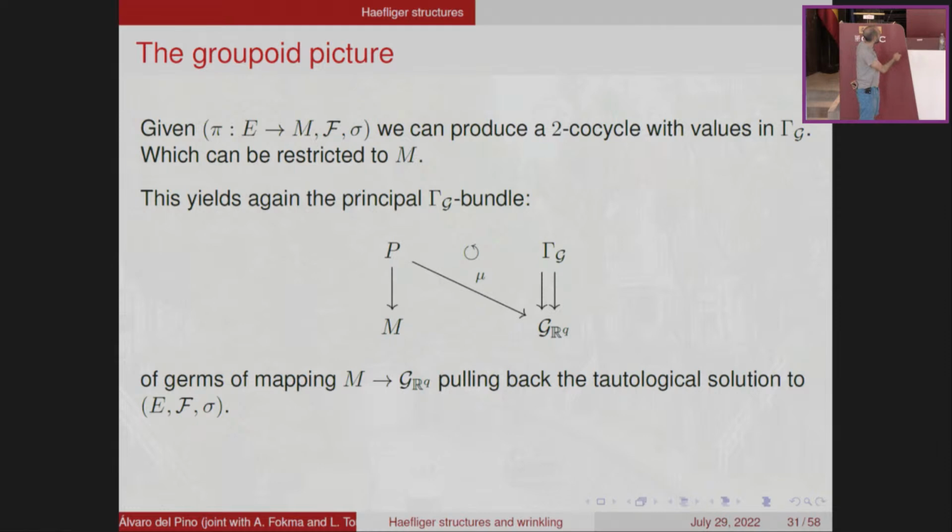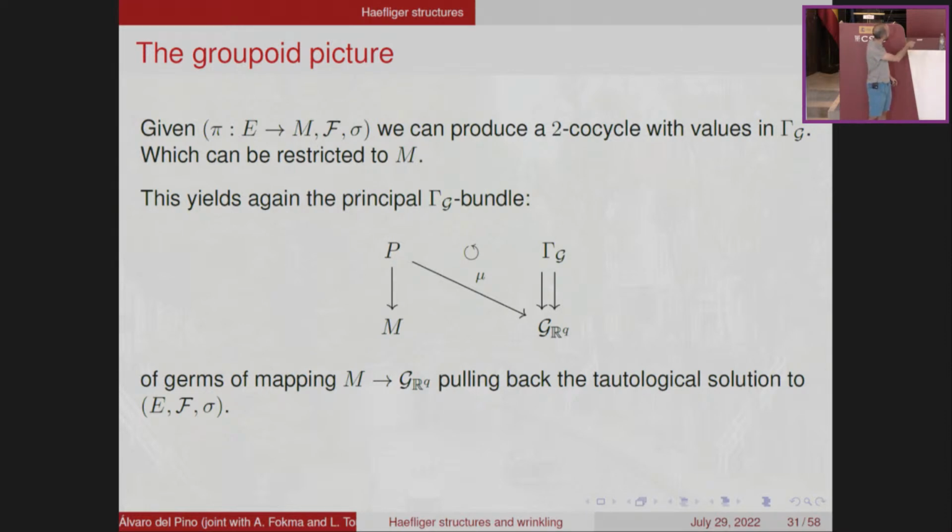And then I get this gamma G bundle over M. But the point now is that, before, when we have an actual foliation, you submerge into R^q and you're pulling back the solution. And this meant that the moment map of the principal bundle was submersive. Somehow mu basically reflects the properties of these charts.